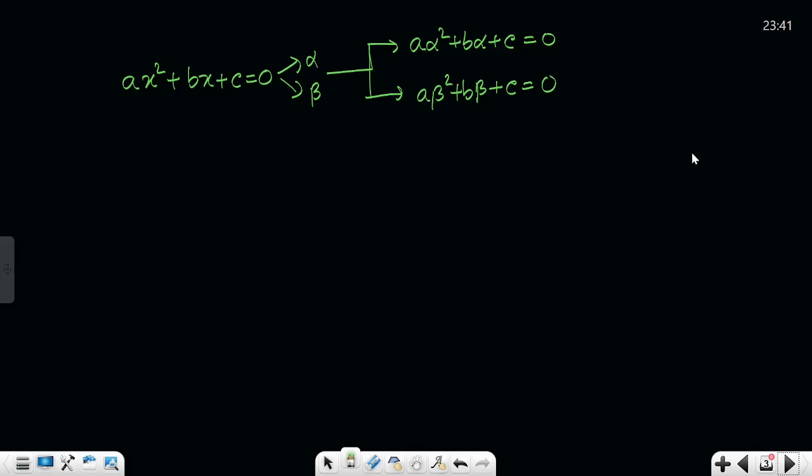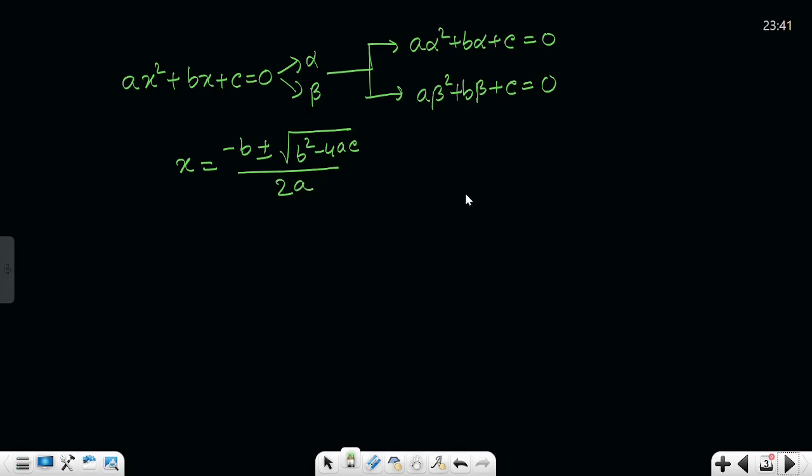If alpha and beta are two roots of ax squared plus bx plus c equal to 0, can we find alpha and beta? Yes, because we know the quadratic formula which we discussed in our previous lecture. How do we find x from this equation? From the quadratic formula, x equals minus b plus minus root over b square minus 4ac, by 2a.